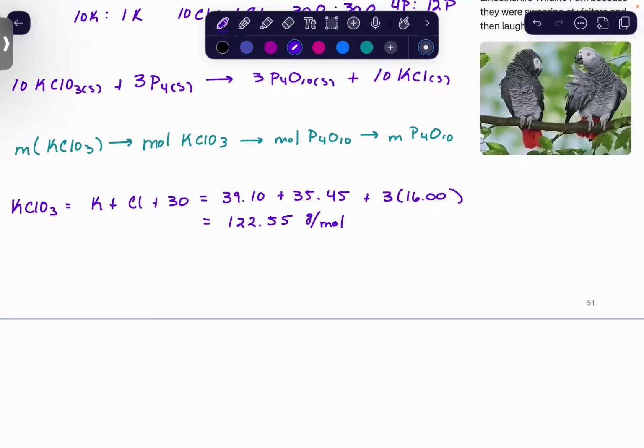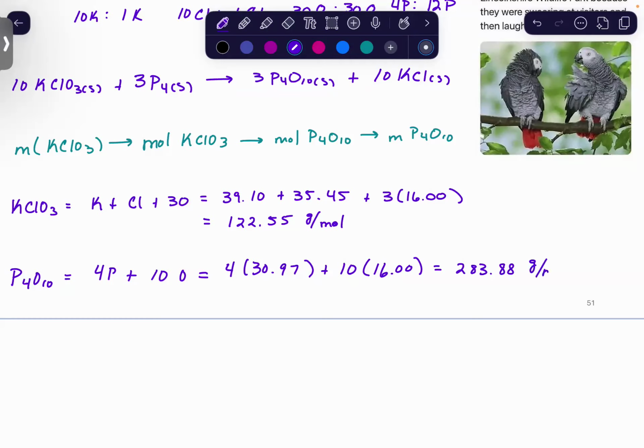I don't need the others because they're not part of the calculation. It's going to be 4 phosphorus plus 10 oxygens. It's going to be 4 times 30.97 plus 10 times 16. And that's going to give us a molar mass of 283.88 grams per mole.